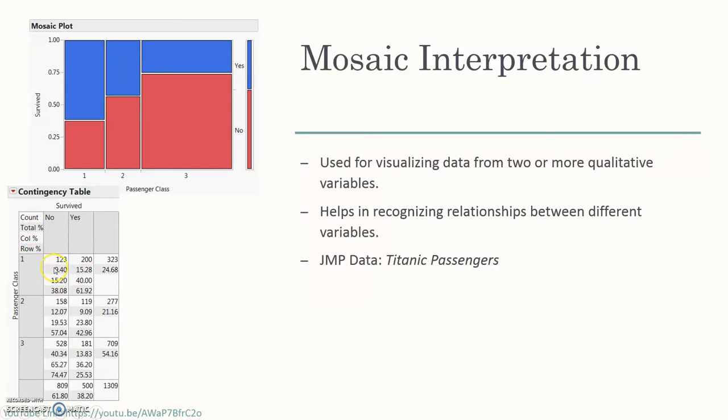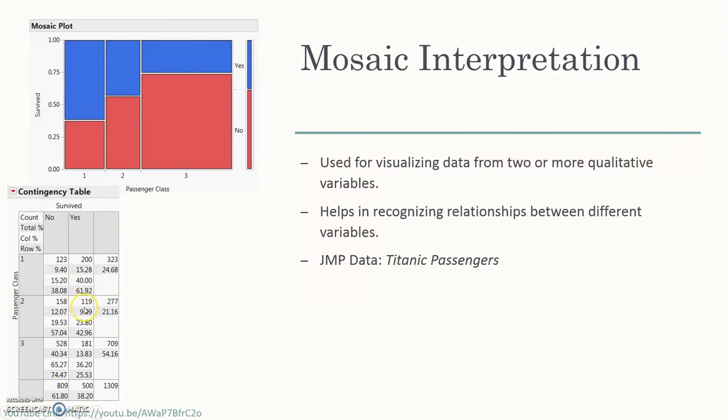Then the total percentage of people, you can see that 24% of the people were in class 1, 21 were in class 2, and 54 were in class 3. Then the column percentage, so 15% in class 1 did not survive, 19% in class 2 didn't survive, and 65% in class 3 did not survive.